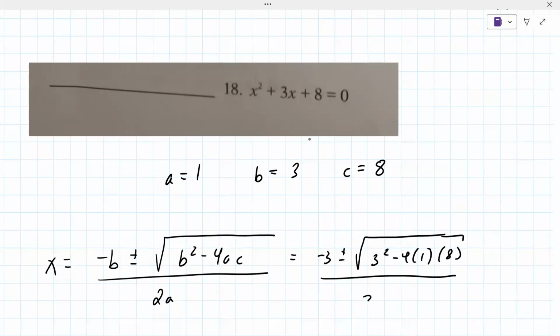So again, I'd like you to calculate the part inside the square root, please.